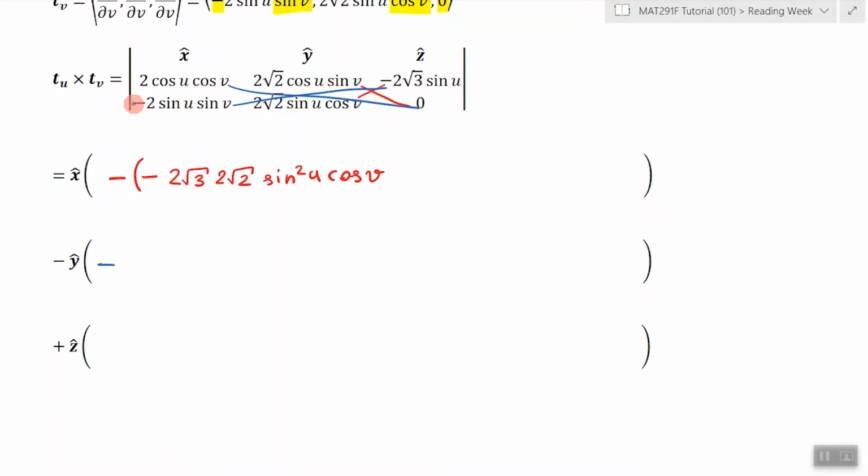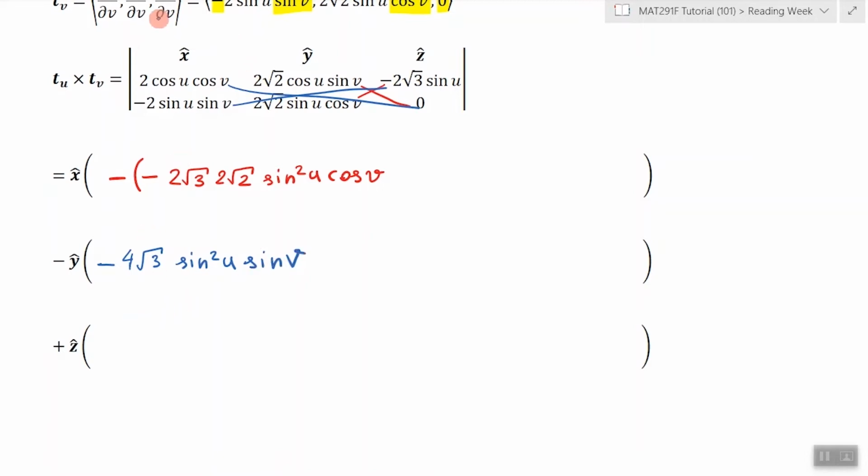You see the two negatives cancel, so we're left with 2 times 2 is 4, square root of 3, square root of 3 times sine squared u times sine v.